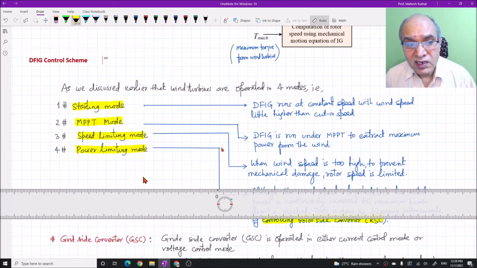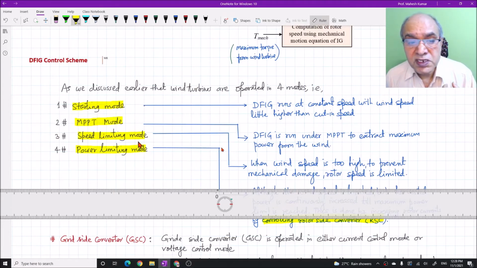Then from cut-in speed to cut-out speed, there is a MPPT mode, or you can say from starting mode to the speed limiting mode, there is an MPPT mode where we extract the maximum power in that range of the speed.